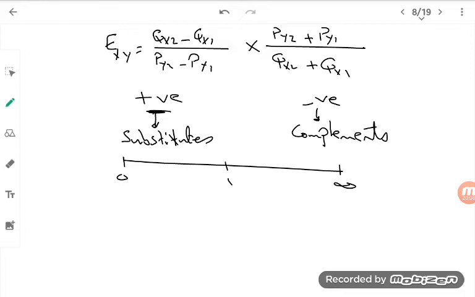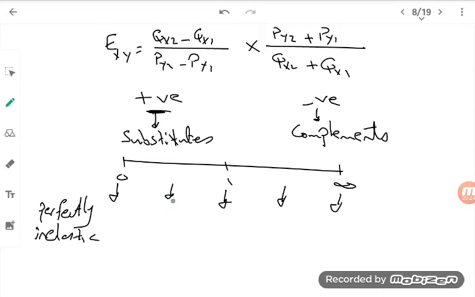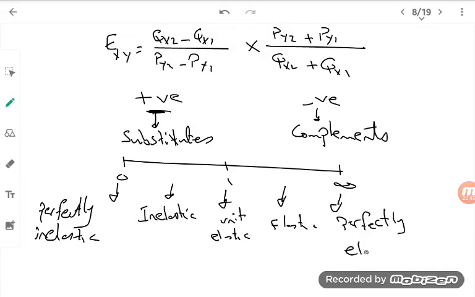The absolute value can be 0, less than 1, 1, greater than 1, or infinity. If it is 0, so it's perfectly inelastic. If it is less than 1, it is inelastic. 1, unit elastic. Greater than 1, elastic. And finally, infinity, perfectly elastic.